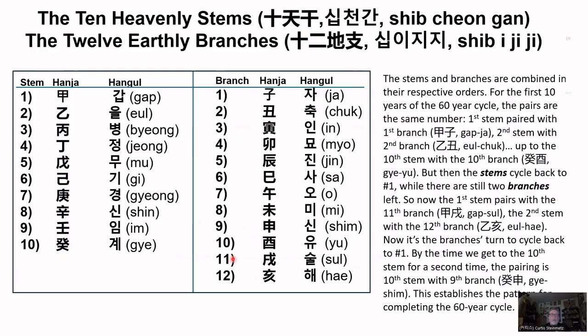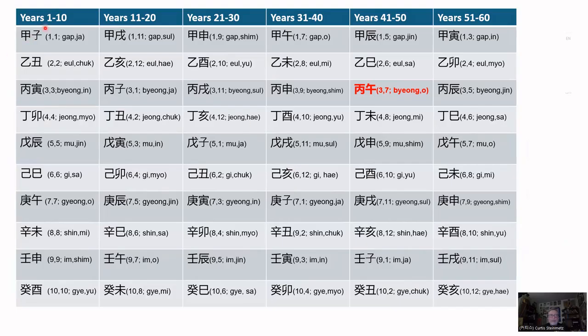There are 2 more earthly branches than there are heavenly stems. Every time you go through 10 years, you're 2 behind in the earthly branches.